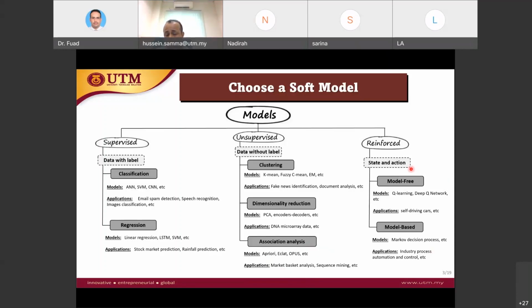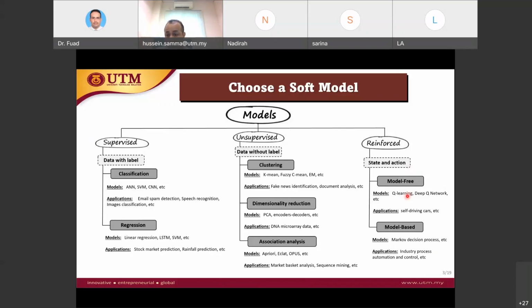The last category here is different from supervised and unsupervised. We don't have the data, and the model will be built incrementally based on the actions. So you have to put these kinds of models in action in order to apply different actions and see the rewards toward finding the best policy.